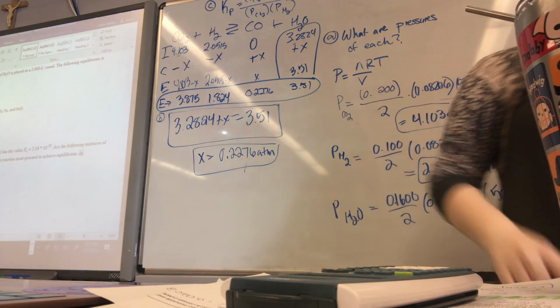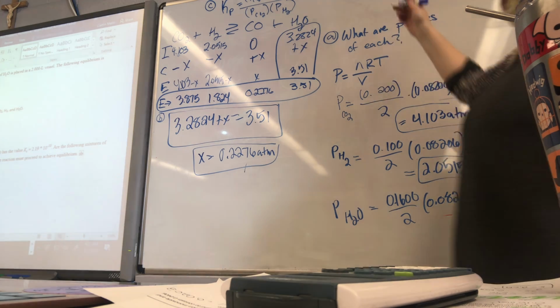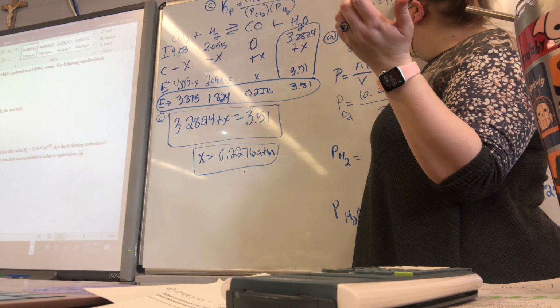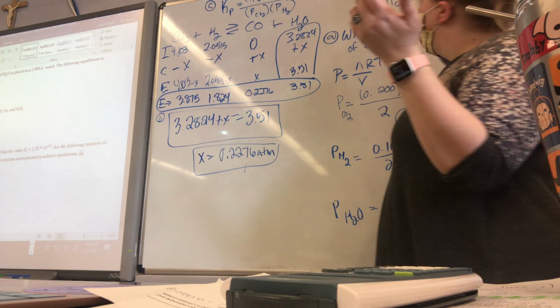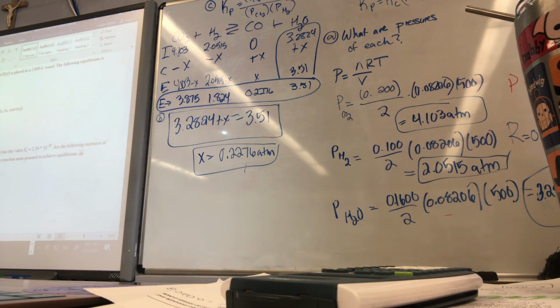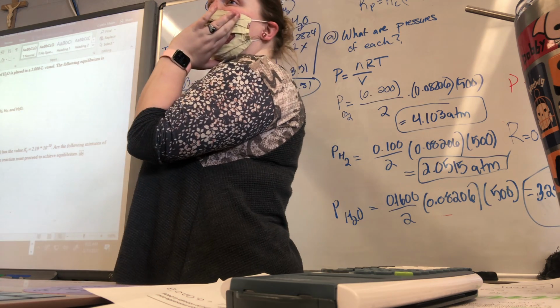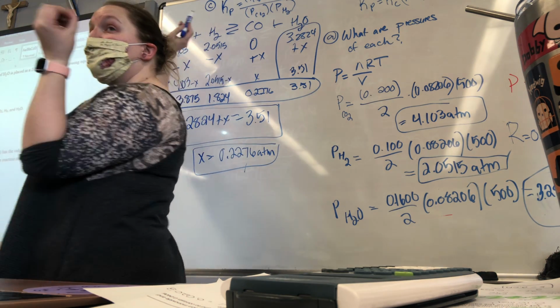Our last one brings back an oldie but a goodie from the beginning of this chapter, converting Kc and Kp. So how do we go from Kp to Kc? We use that equation, RT to the delta n. What's delta n? 1 plus 1 on the right, minus 1 plus 1 on the left, so 0.